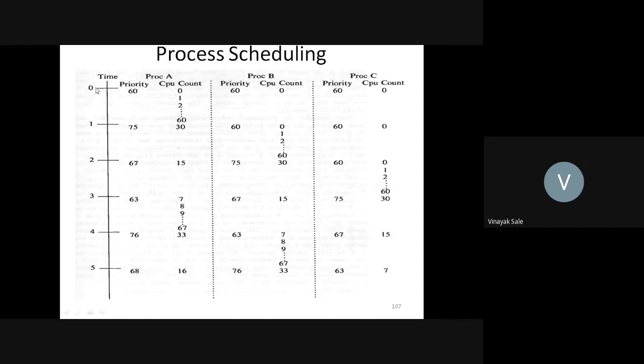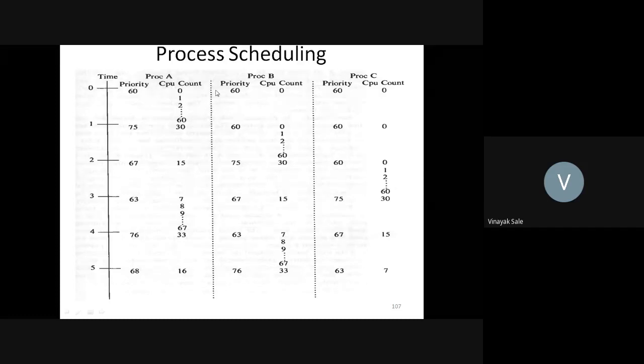These are the time slots. Each process is given 60 seconds to execute. So process A first executes 60 seconds.